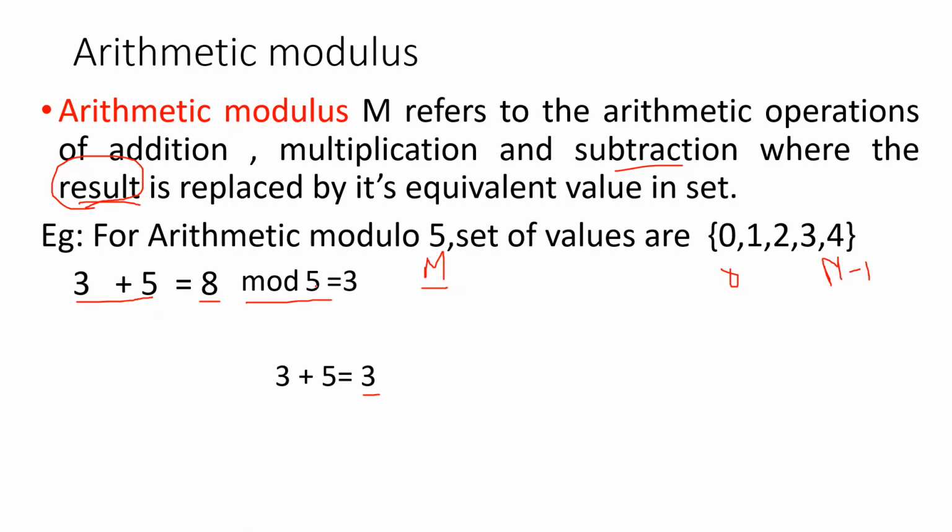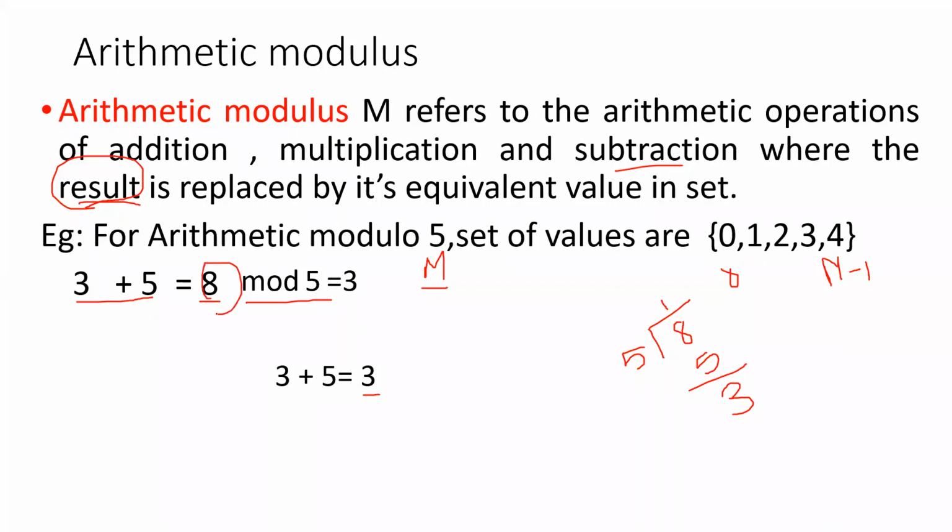Tejas, can you tell me what is 8 mod 5? 8 mod 5 means a remainder. When you divide 8 by 5, how many times will it go? One time it will go, and you will be subtracting and getting the remainder as 3, right? So this is how we are getting 3 when you add 3 plus 5.